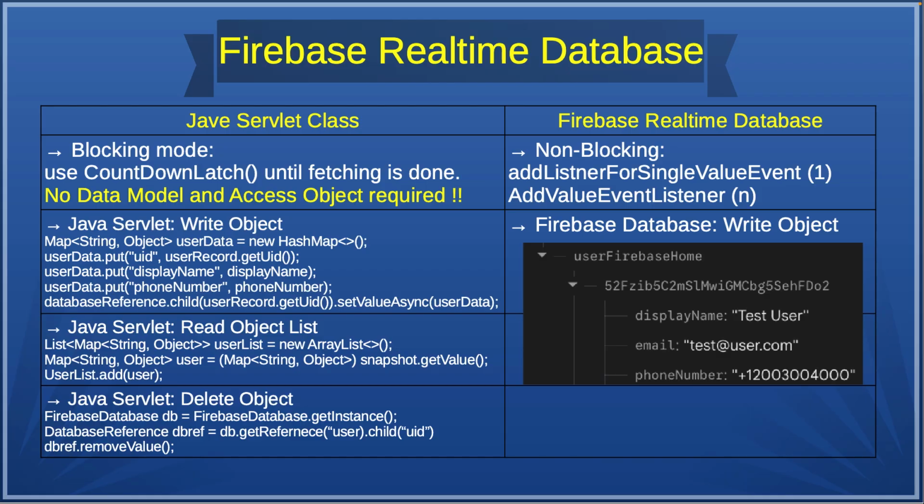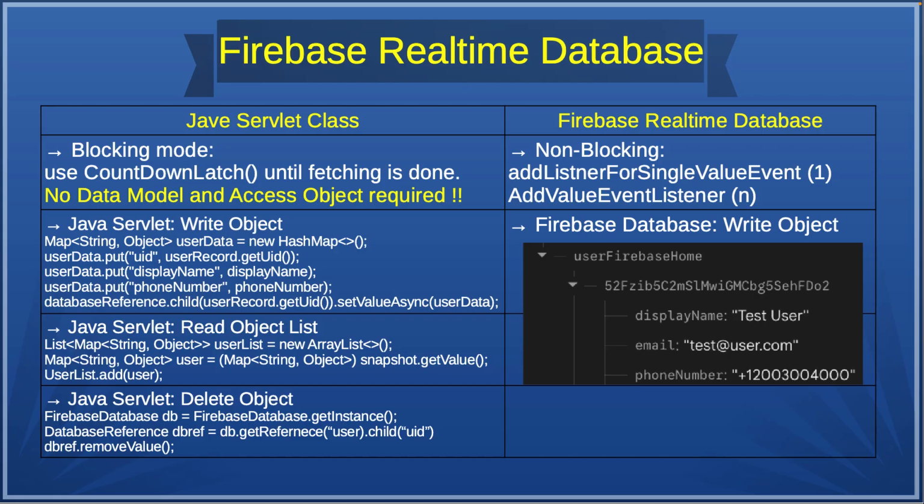So you need to use a CountDownLatch until the fetching is done. And also there's no data model and no data access object required, just the servlet class will be fine, and no JavaScript required.